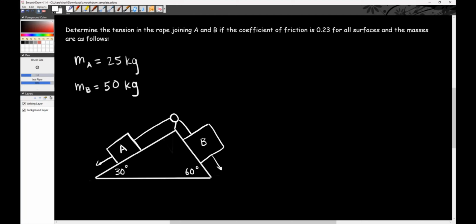So let's begin by finding the force of gravity for box A. We know that the force of gravity, well, in this case, it's on an angle, which means we're going to have to use some trigonometry. And the force of gravity is equivalent to this line.